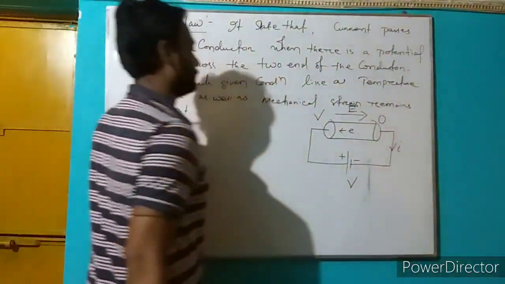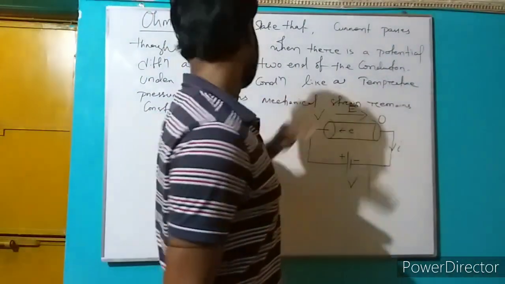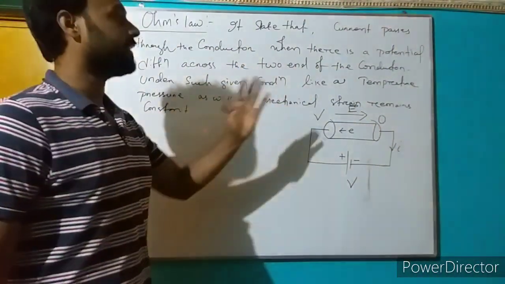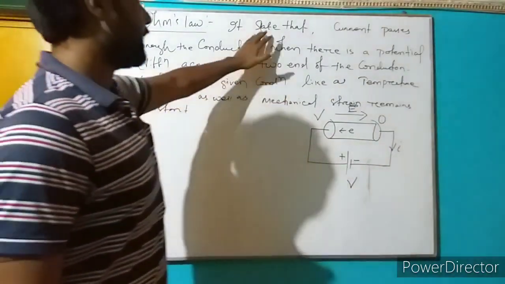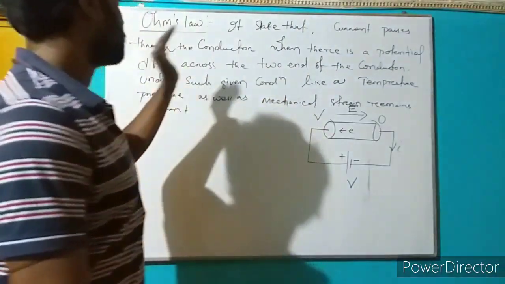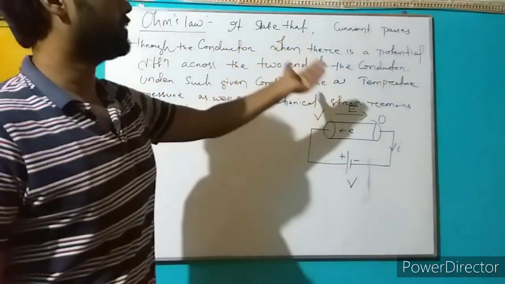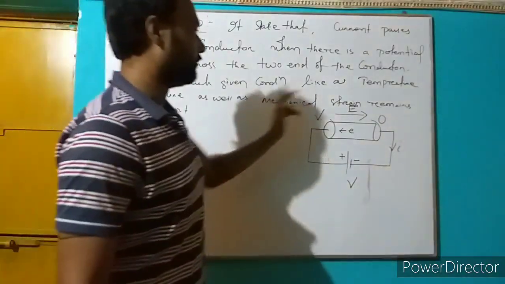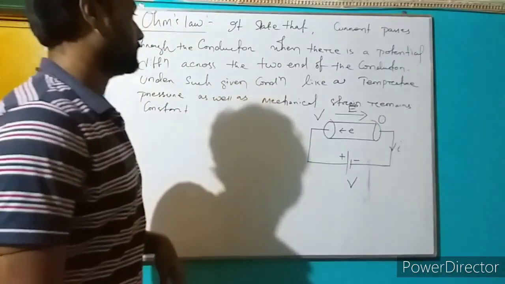It is I. So at that time, what remains constant? Temperature, pressure as well as mechanical strain remain constant. So Ohm's law states that the current passes through the conductor when there is a potential difference across the two ends of the conductor. Clear?